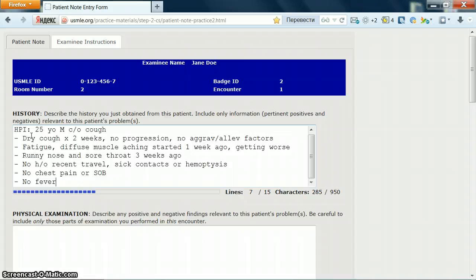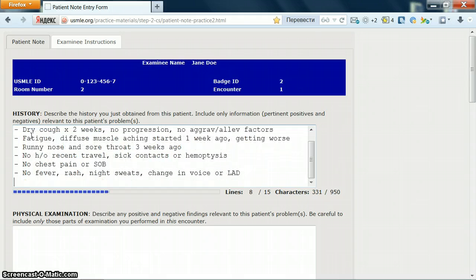And also fever, rash, night sweats, change in voice, or LAD, because all those signs can be present in atypical pneumonia, and if you suspect it, you have to ask. And some general questions on review of systems.